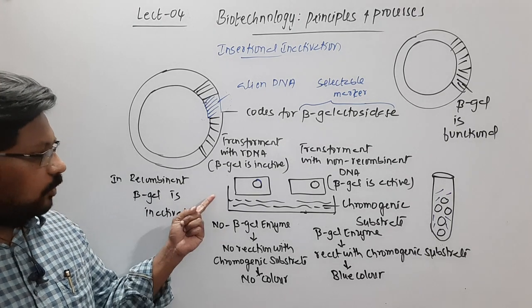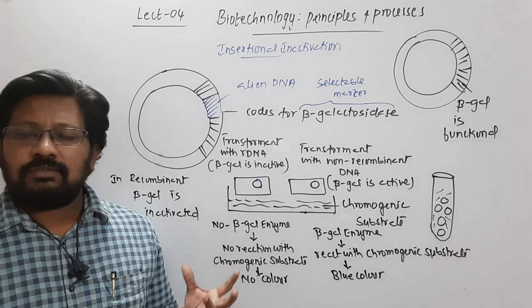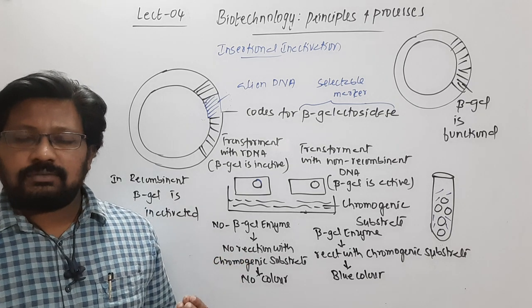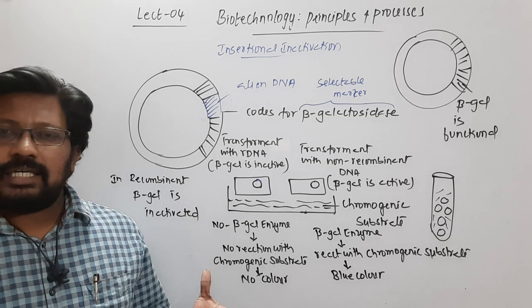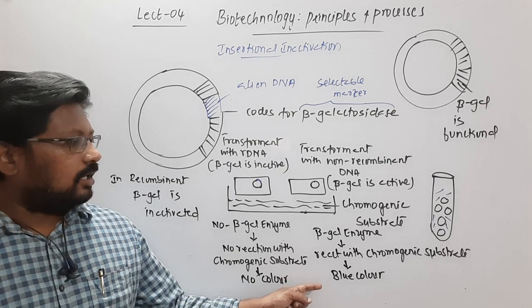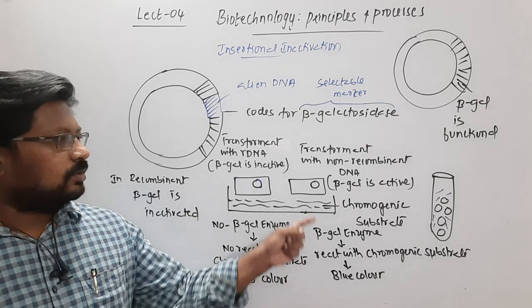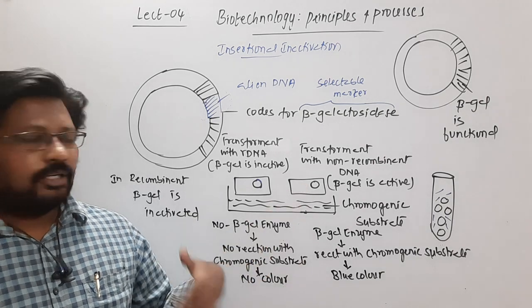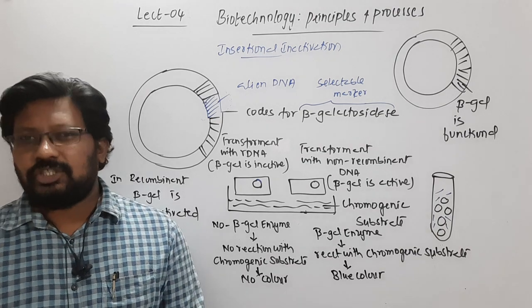So we will see on this chromogenic substrate one colony of bacteria which is colorless, and another colony which is colored, that is blue. When you see the blue color, we understand that those bacteria have non-recombinant DNA, which means they did not take the gene of interest.